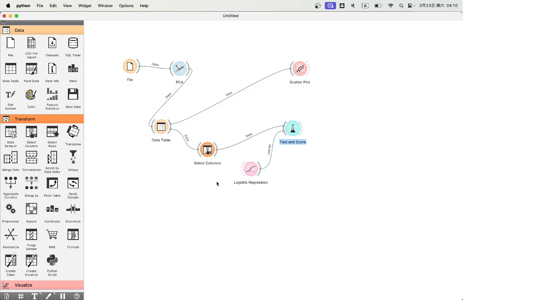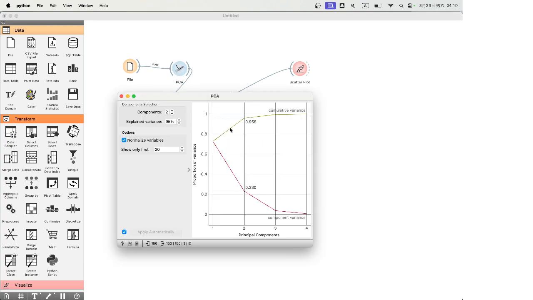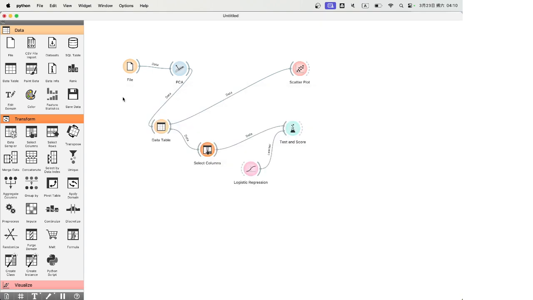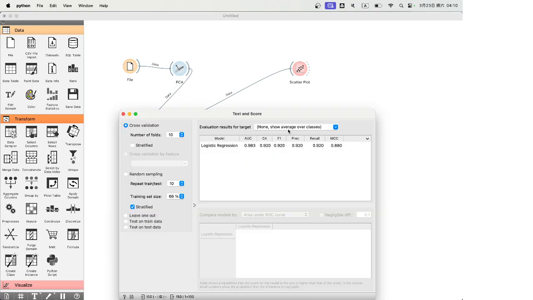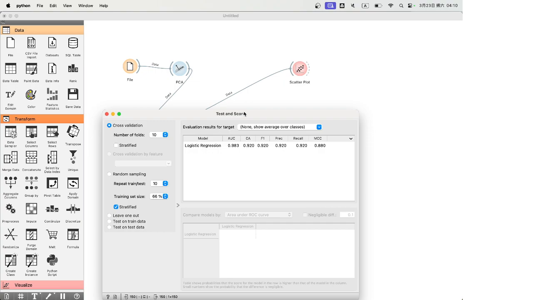So sometimes when you perform PCA, it may slightly increase your accuracy, because you remove some not important variance, and that can make the classification even better if you remove a very, very small variance.